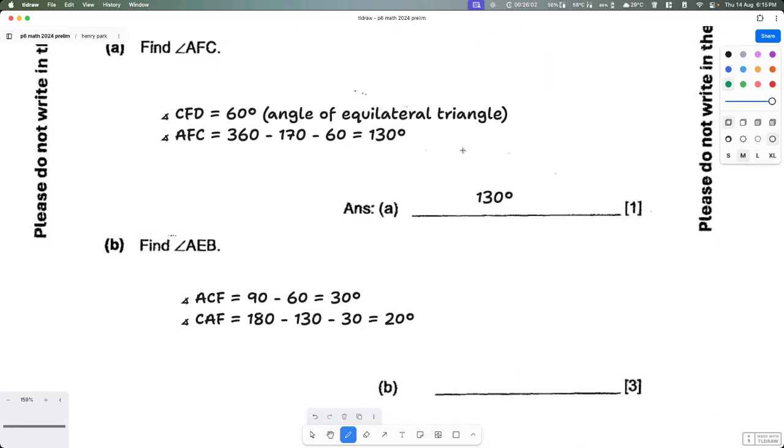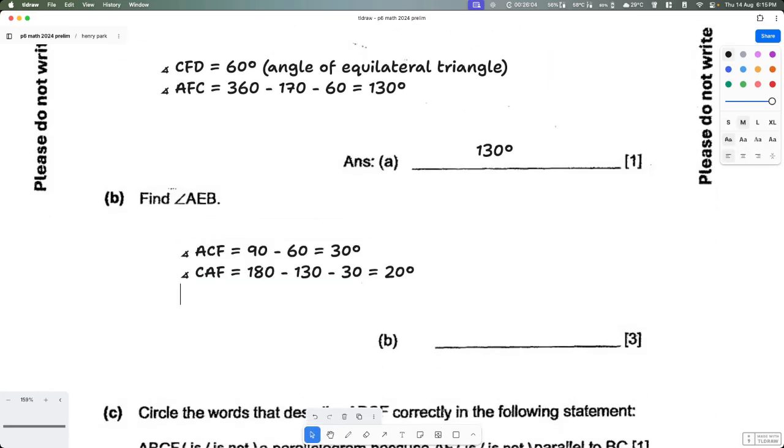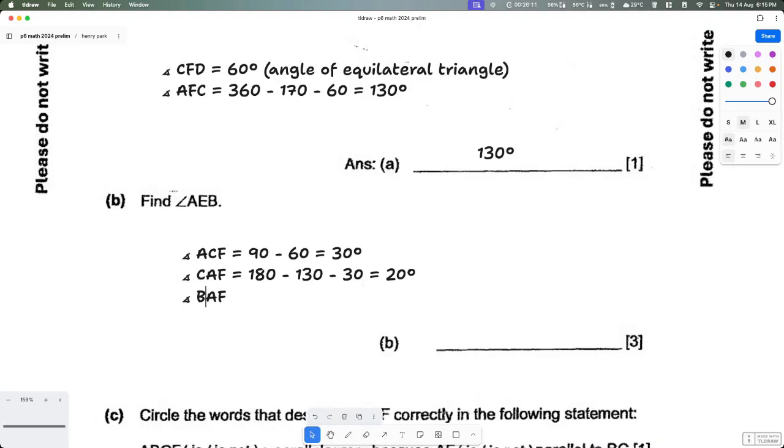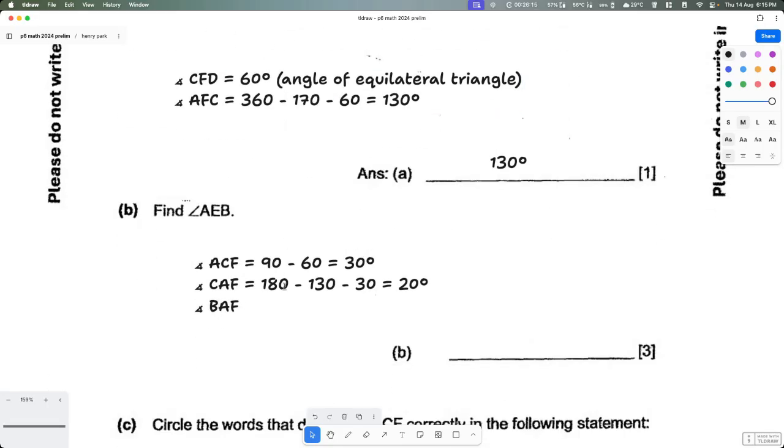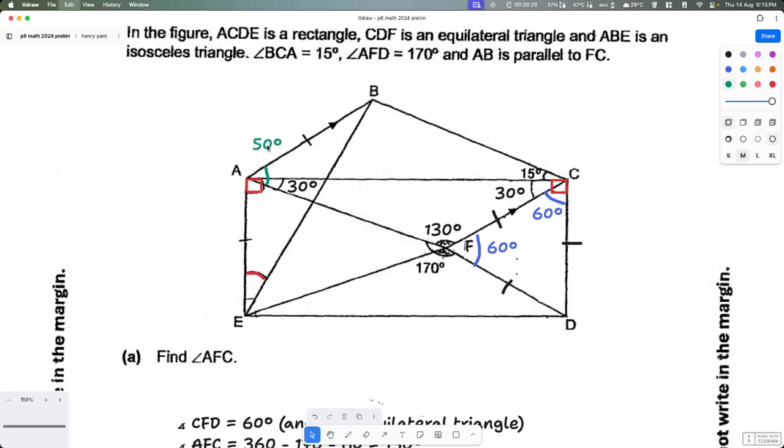So angle BAF is equal to 180 minus 130. Okay, this will give us 50 degrees, like this, over here. So this is 50 degrees.